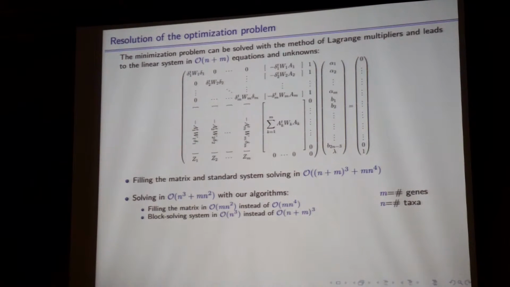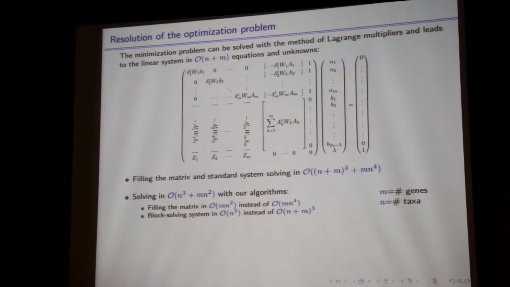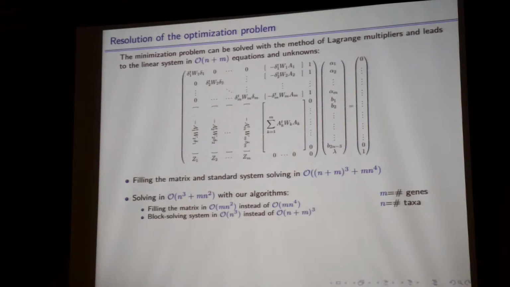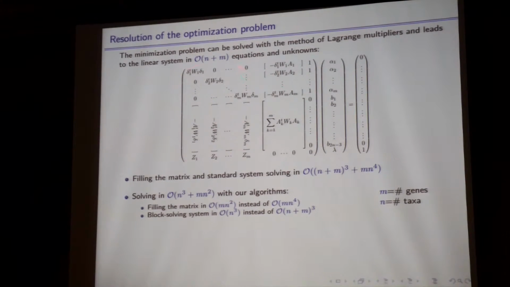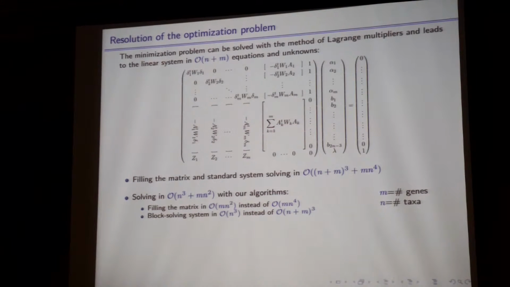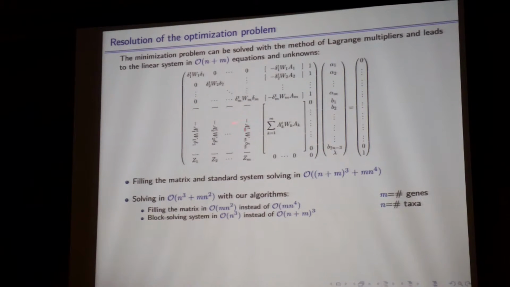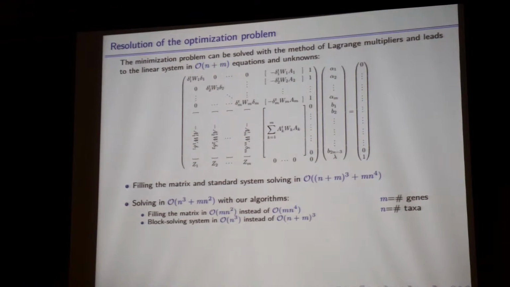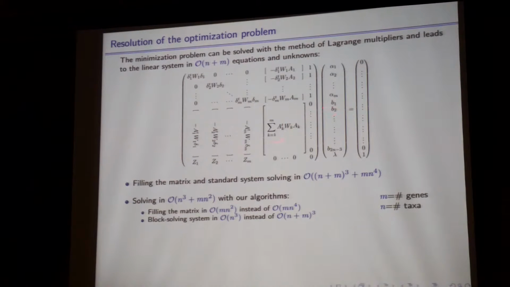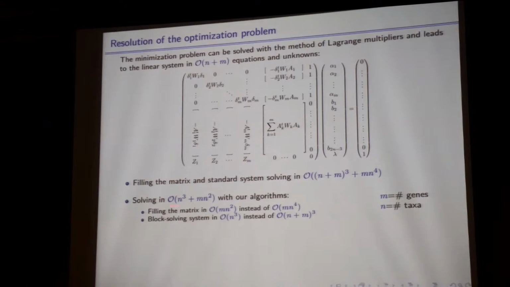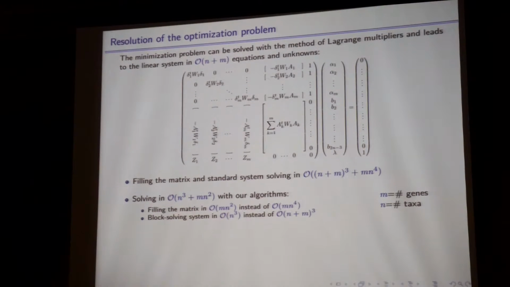If we solve the minimization problem with the Lagrange multipliers method, we end up with this linear system, and finding the branch length and the gene rates can be done in a complexity in the order of n cubed plus n multiplied by n squared.